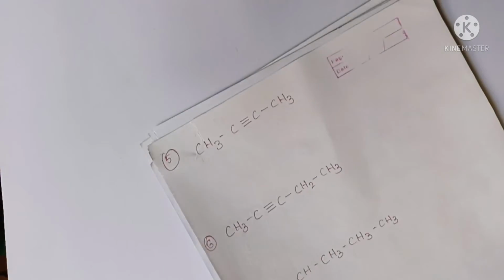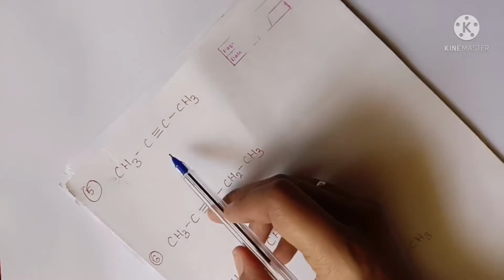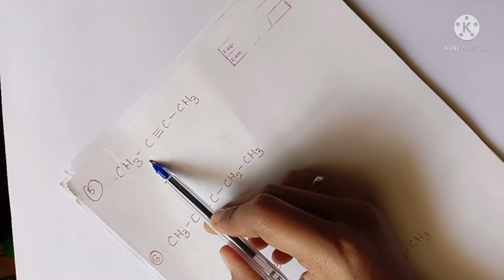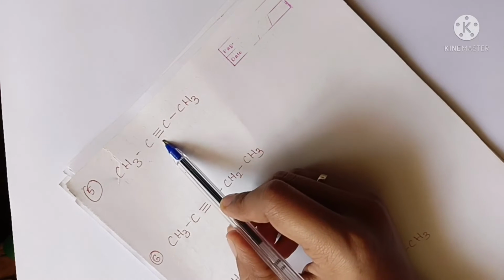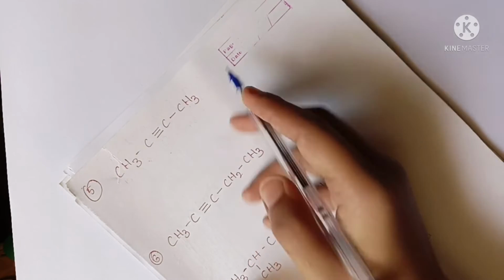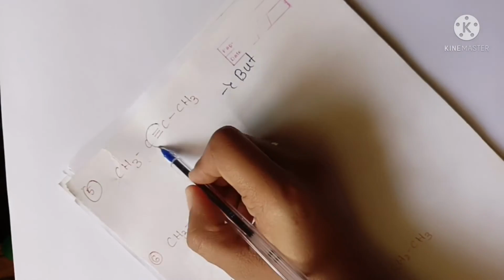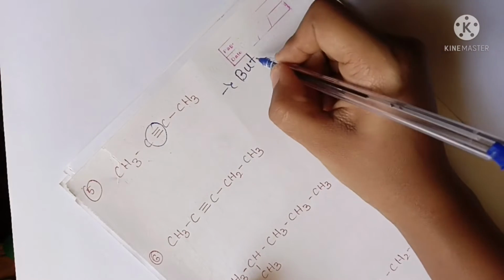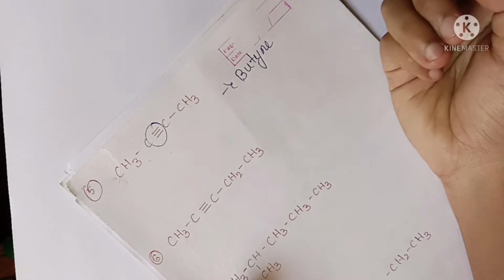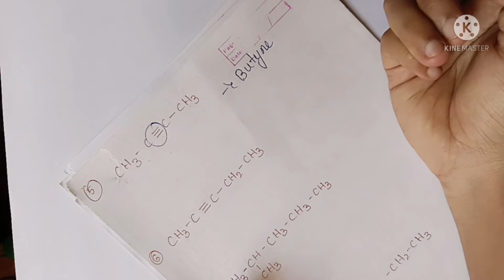And the next one, have a look at this. This one shows a triple bond, 1, 2, 3, 4 carbons, that is but. If a triple bond is there, we write it as yne, butyne.